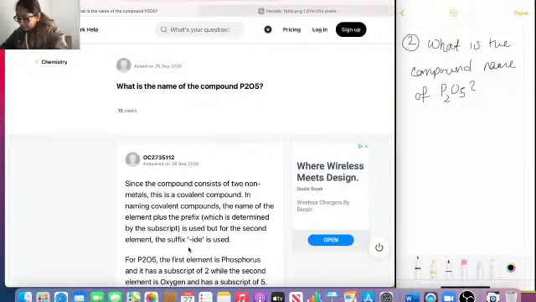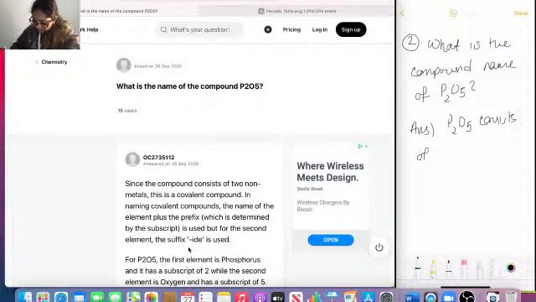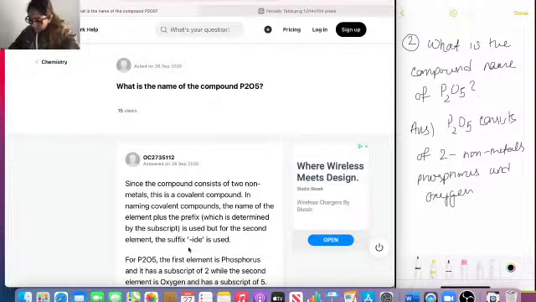Since the compound consists of 2 nonmetals, phosphorus and oxygen, this is a covalent compound.